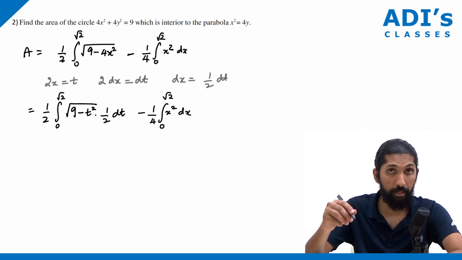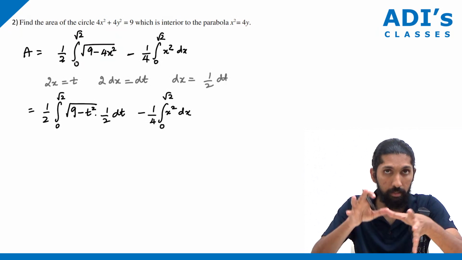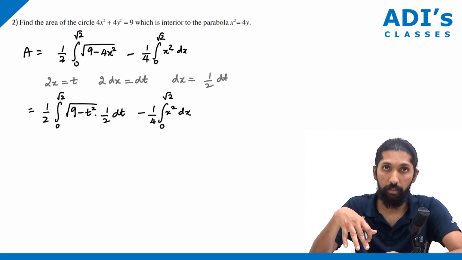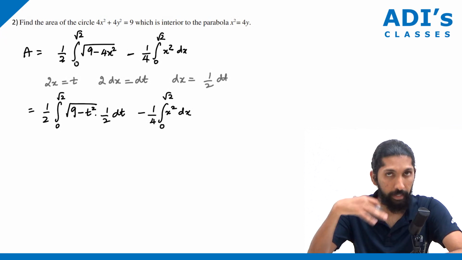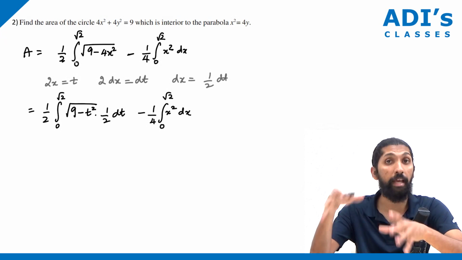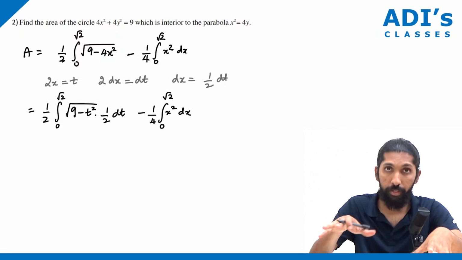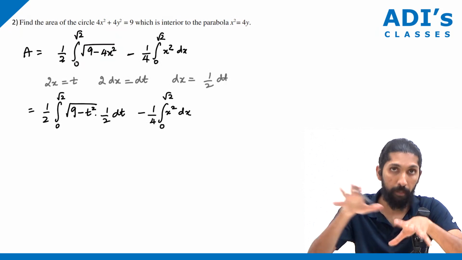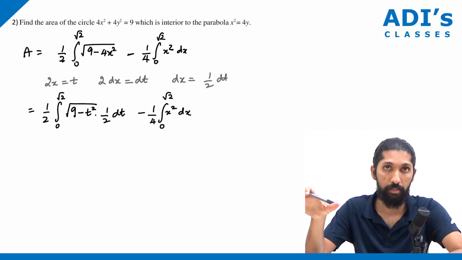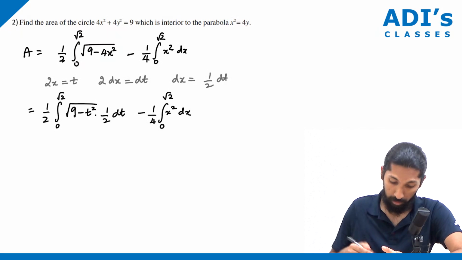Again, I am not changing the limits right away. The reason is, after the integral sign, I'm going to put that x back. I'm not going to keep it in terms of t. That's why I'm not changing the limits. Fair enough?